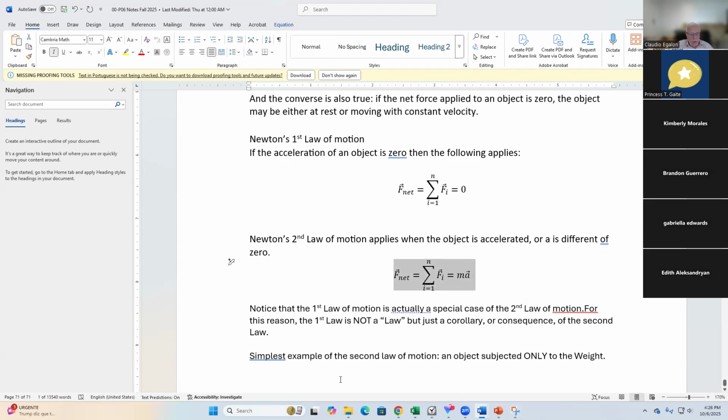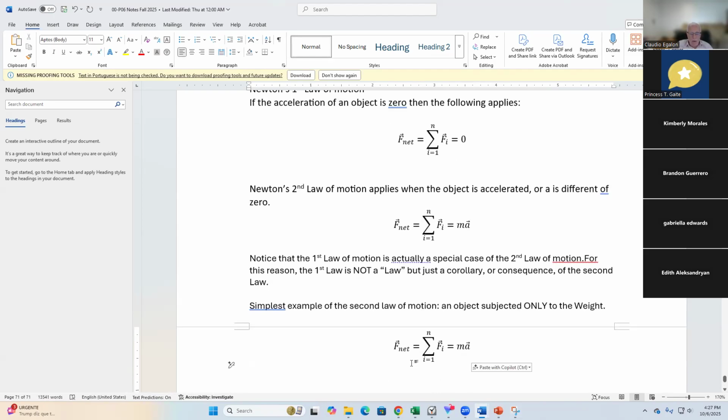Using Newton's second law of motion for this case, this is a one-dimensional problem. Net force is equal to the weight, and the weight, let's not forget, is minus mg downwards. It's minus because the weight is downwards.